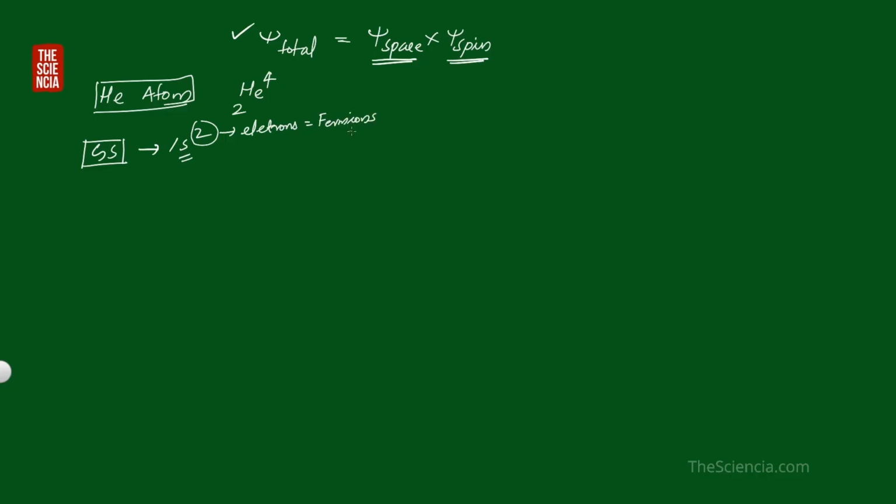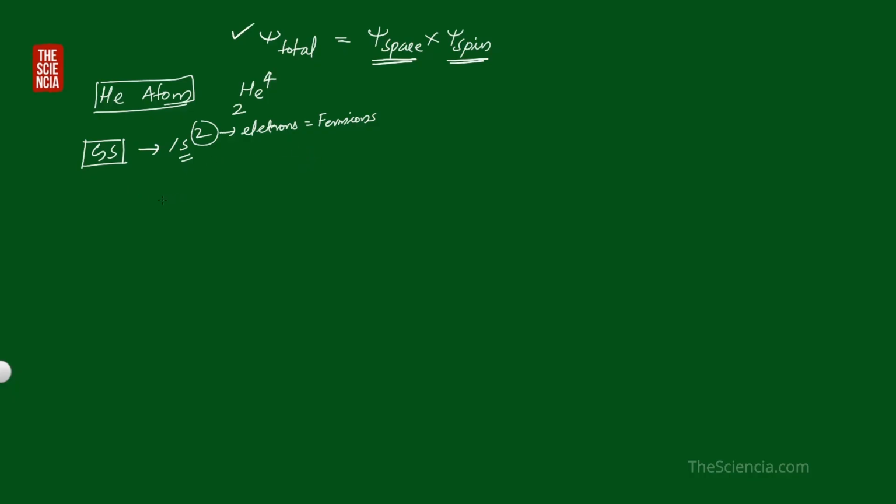That is spin half fermions, right? And just before we found all the four wave functions of spin half fermions, right? So we are going to use those expressions here.